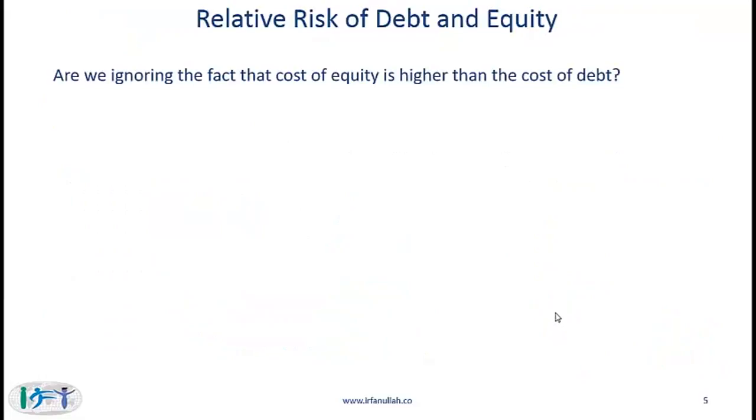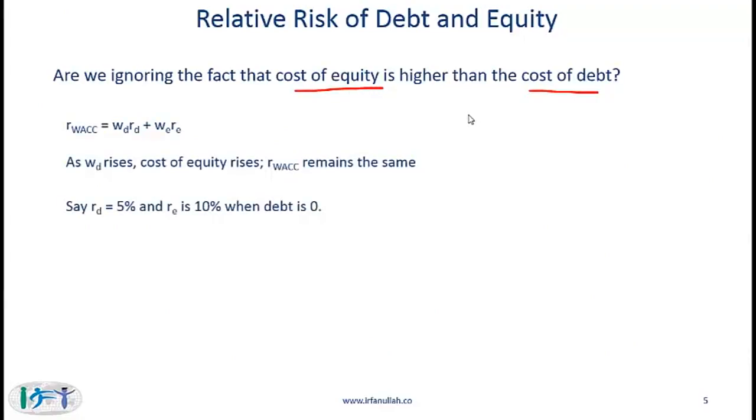Now, before I go to the next section, you might be wondering whether we are ignoring the fact that the cost of equity is higher than the cost of debt. If you recall, the overall cost of capital is equal to this expression. I'm removing the 1 minus t because here we are saying that there are no taxes.